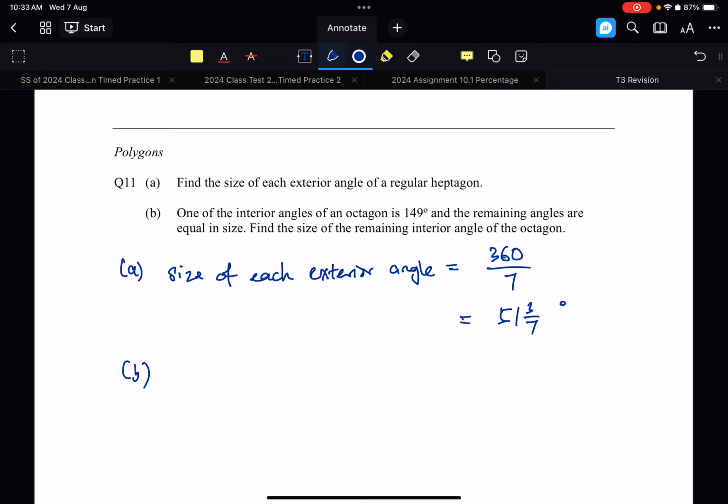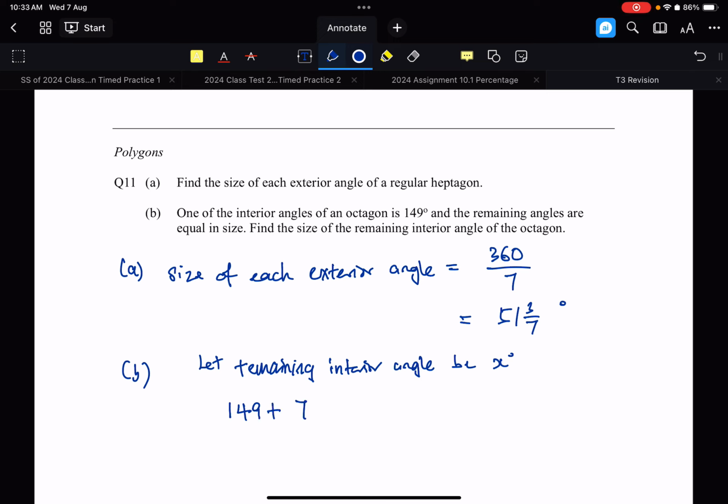Now, part B, one of the interior angles of an octagon. An octagon is 8-sided, is 149. The remainder are equal in size. Find the size of the remainder. So what happens is, let the remaining interior angle be x degrees, right?